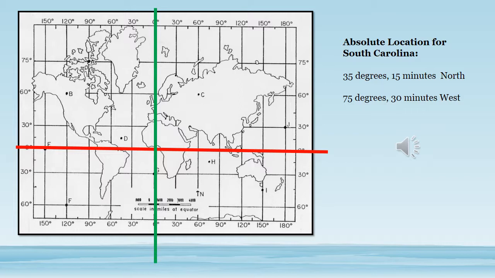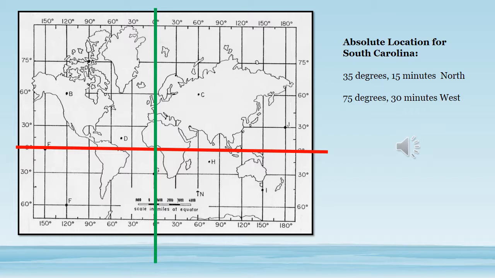So if I just come up about 5 more degrees above this 30 degrees and come over, now you see we're 90 degrees up here, 90 degrees west. Now remember, my longitude line is running north to south.